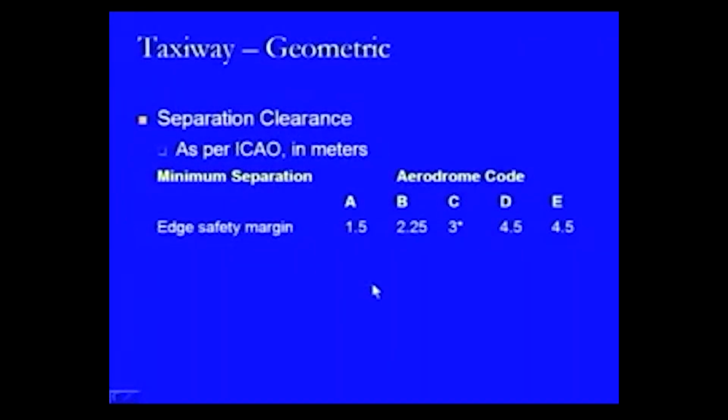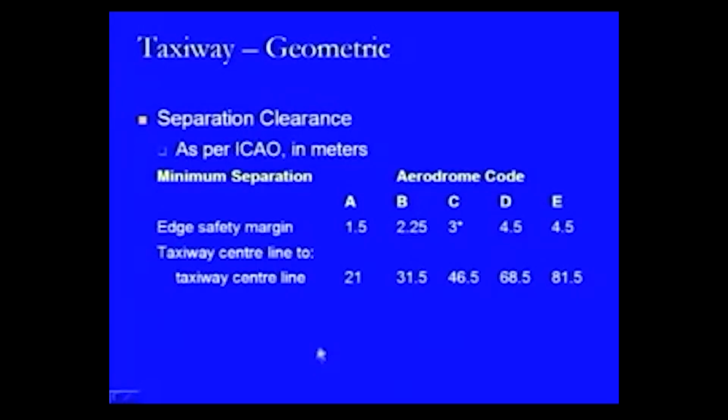In terms of ICAO guidelines, the minimum separation is defined as per the aerodrome code. In the case of edge safety margin, this is 1.5 meters for A, 2.25 meters for B, 3 meters for C, 4.5 meters for D, and 4.5 meters again for E. Whereas from the taxiway center line to the taxiway center line, it varies from 21 meters in category A to 81.5 meters in category E of aerodrome code.